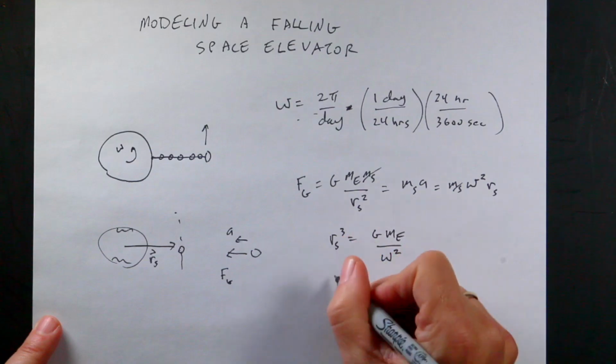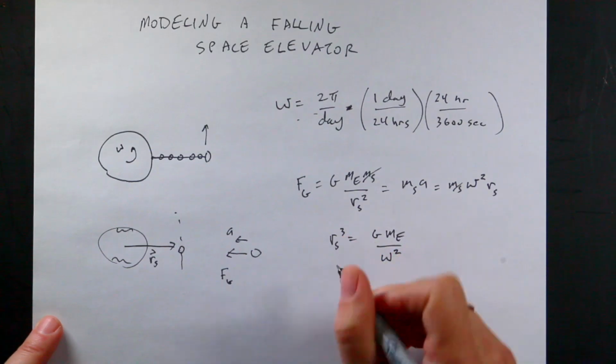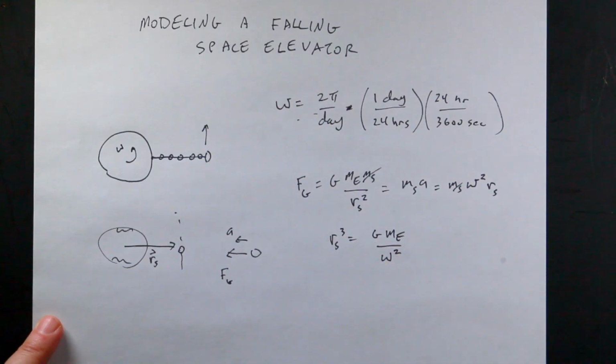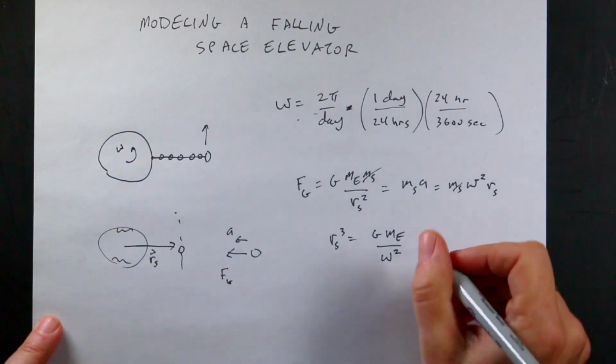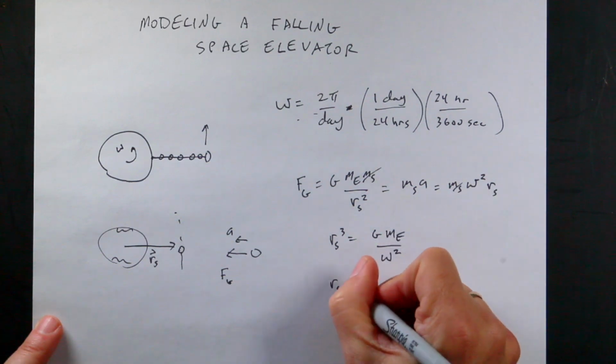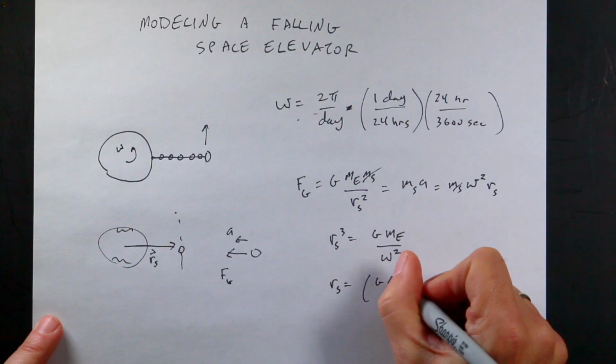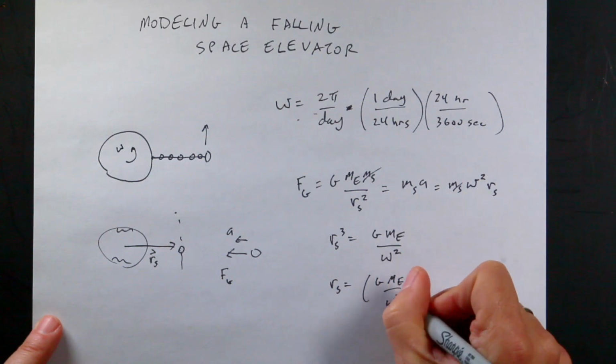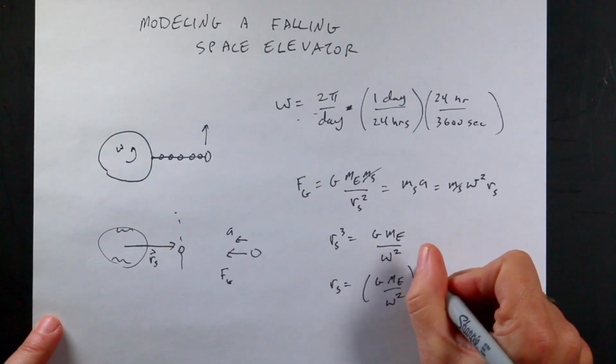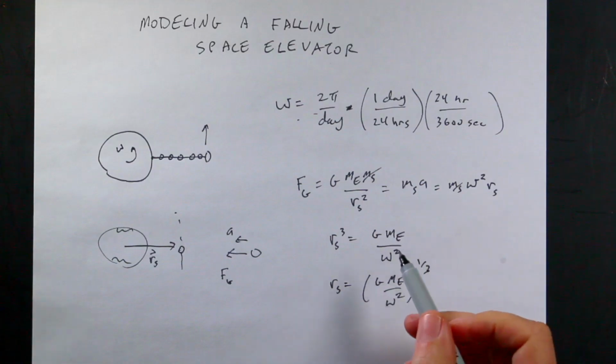And then I take the cube root. Is that right? Do I really take the cube root? Yep. So rs is going to be G mass of the Earth over omega squared to the 1/3. So I can calculate that distance.